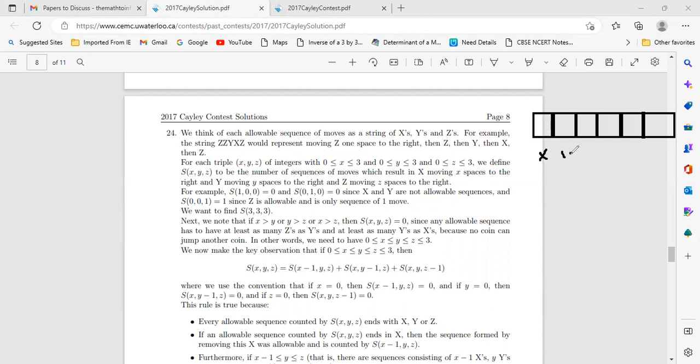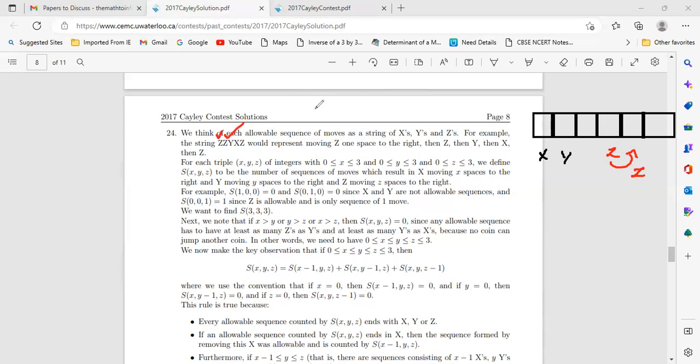You already have X, Y, Z here. So when you move Z to the right, you will write Z. So again, you're moving Z further to this box, you're going to have Z again.